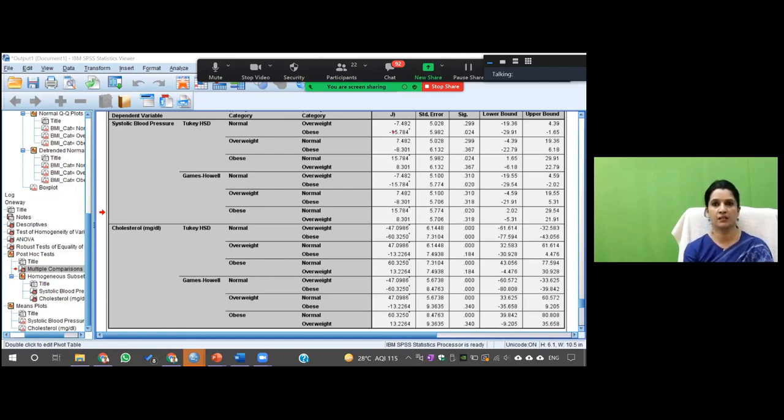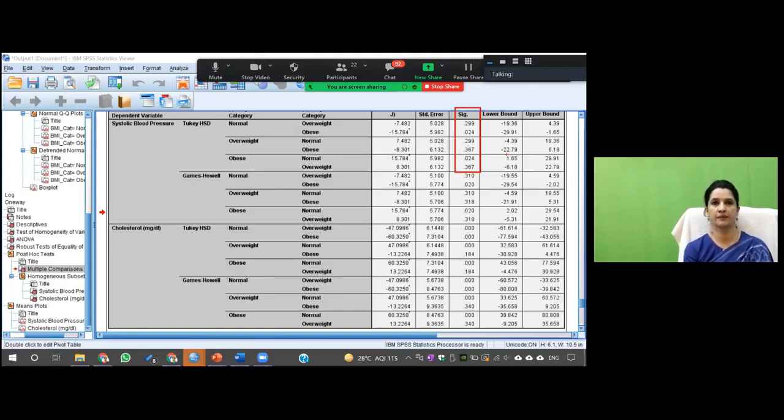If you just focus on this pairwise comparison, I've told you, first focus on the significance level. So for the significance level, I am focusing on this, not on Games Howell. Now just bring your attention only to this column. In this column, which value do you think is less than 0.05?